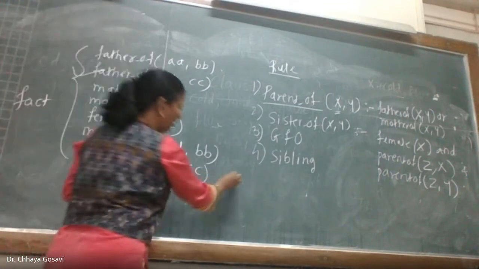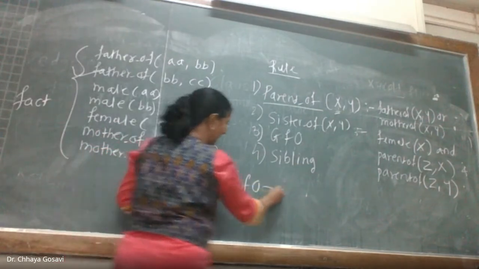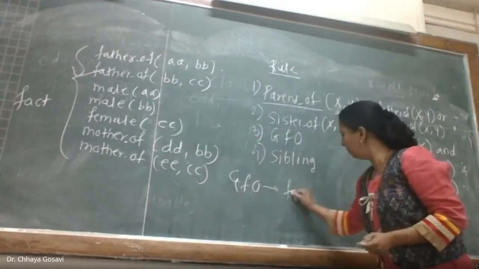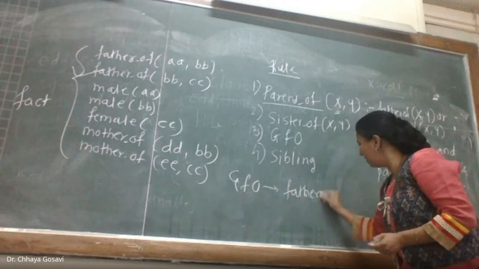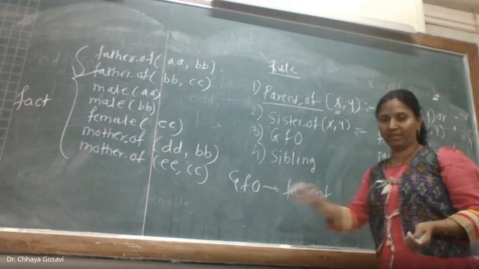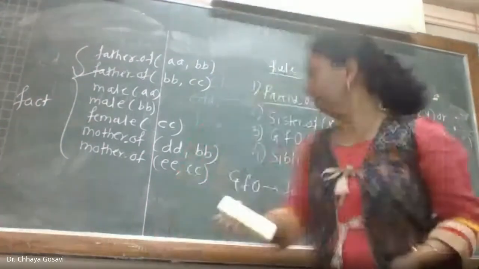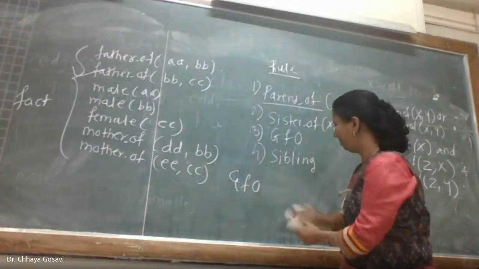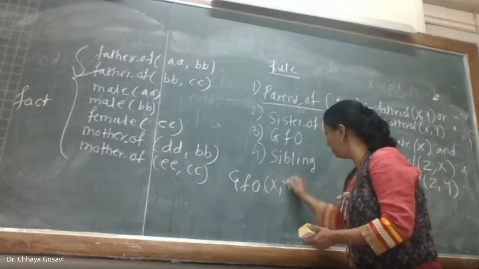So grandfather of, you can write as grandfather of X comma Y. Don't forget to pass it.